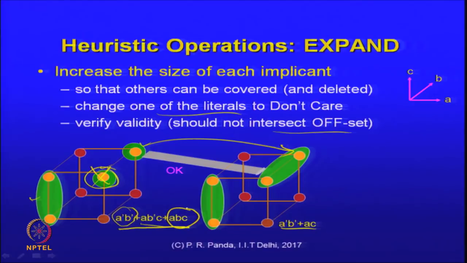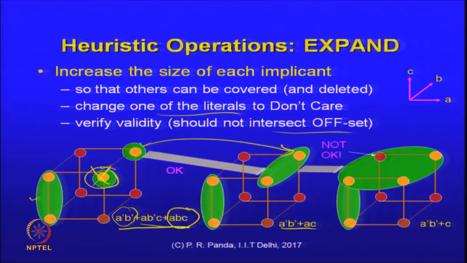We can try out that expansion in different directions, and as long as it does not intersect any vertex in the offset, it is a valid expansion. We can continue the expansion. So, a second time, if you try to now expand that cube in this direction, thereby leading to this region there, this is an invalid expansion, because in the process you would be covering a vertex that is there in the offset.